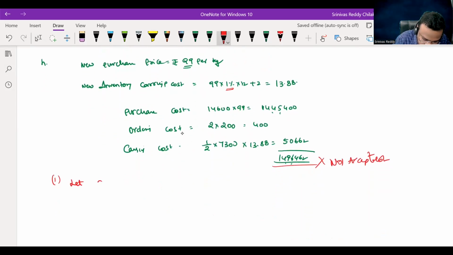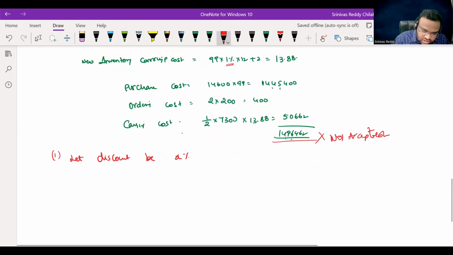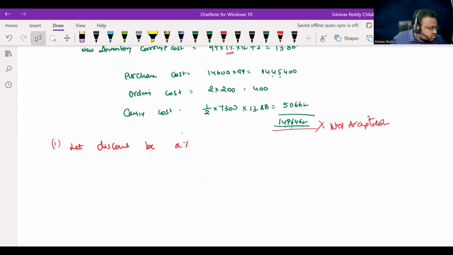Let the discount be X%. Now, what would be your purchase cost?